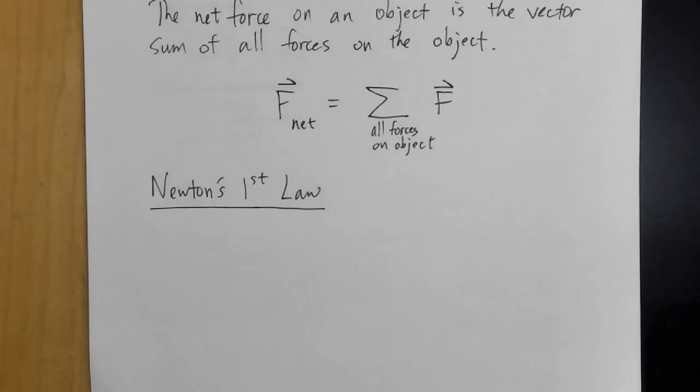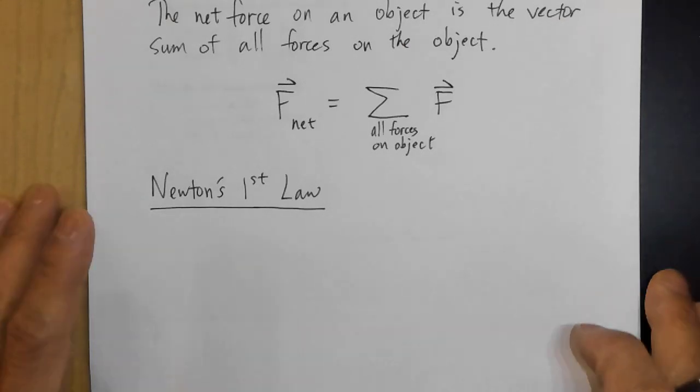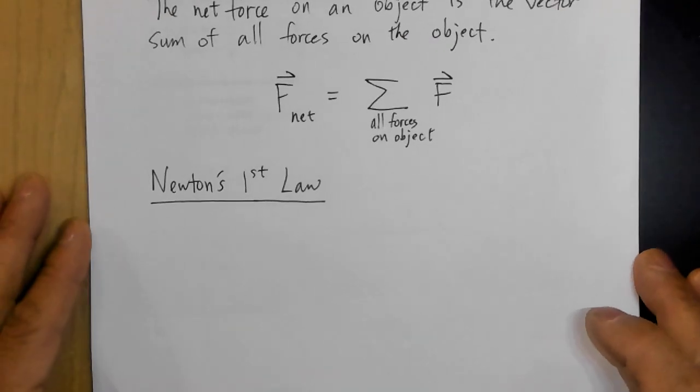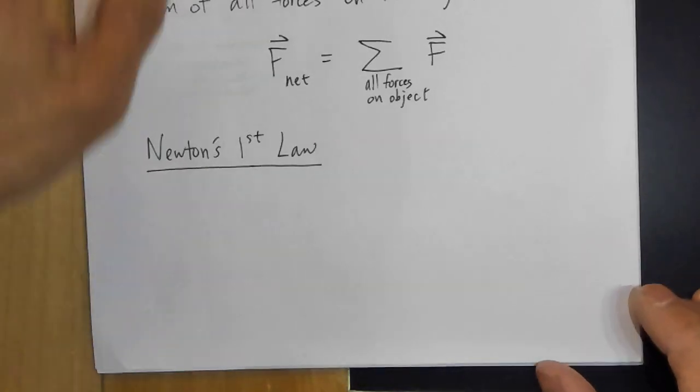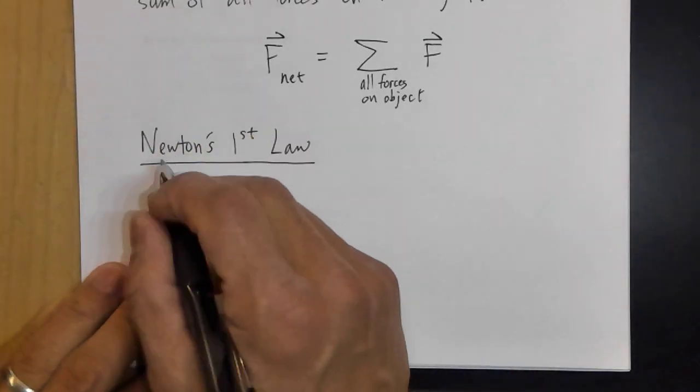Okay, and there's various ways of defining Newton's first law. I will give it to you in, I think, the most simple operational form, the way it's maybe easiest to use.